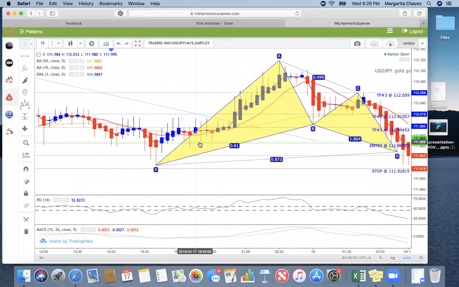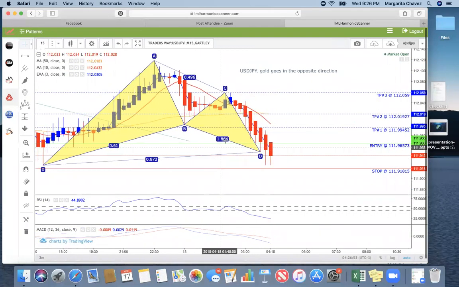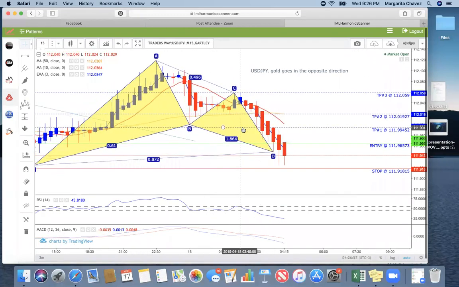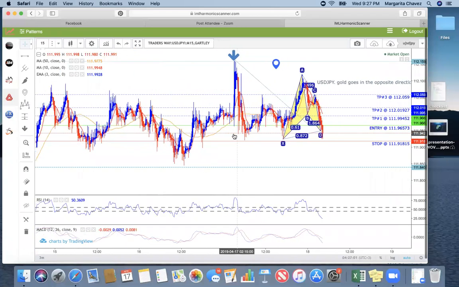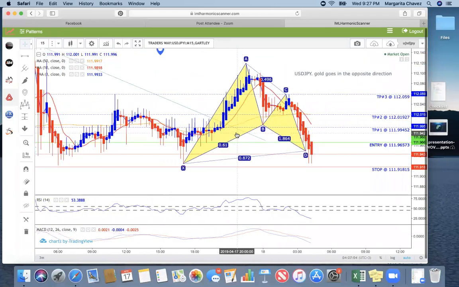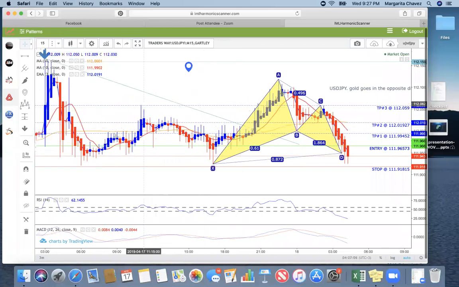USDJPY. Oh my gosh, it's selling. Nice. This one has been in consolidation for a long time. When I say consolidation, I'm talking about all this hot mess. This has been like this for a week.